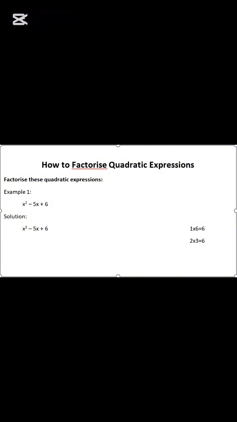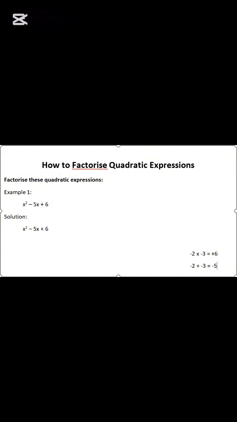Which of these pairs can we add up to get negative 5? I think it's the second pair, 2 and 3. If I make them both negative, minus 2 and minus 3, that works, because minus 2 times minus 3 is positive 6, and minus 2 plus minus 3 is negative 5.